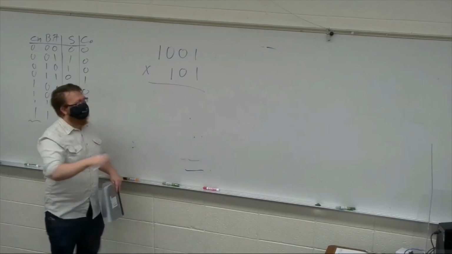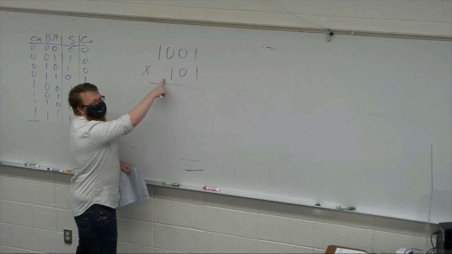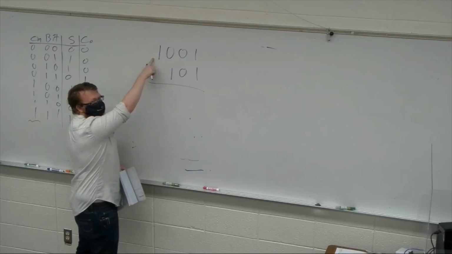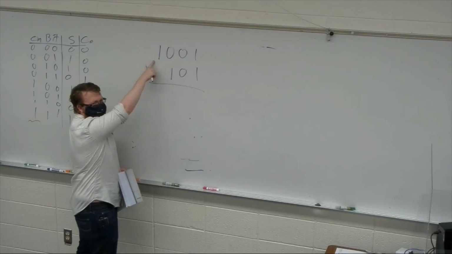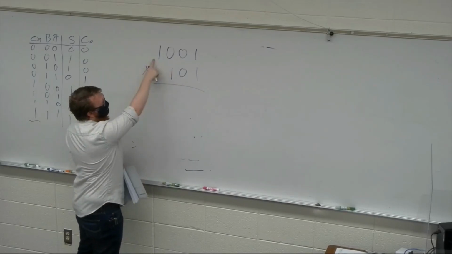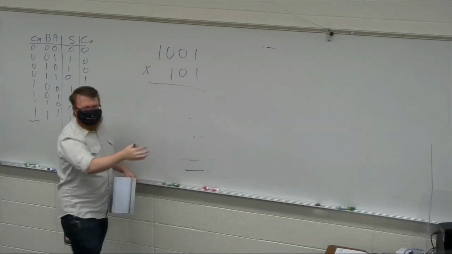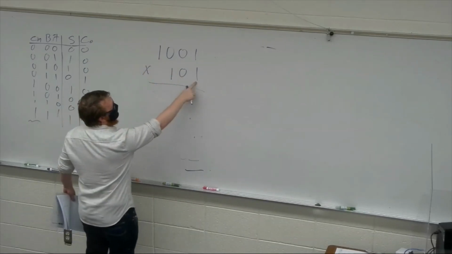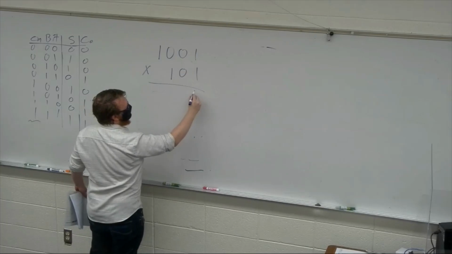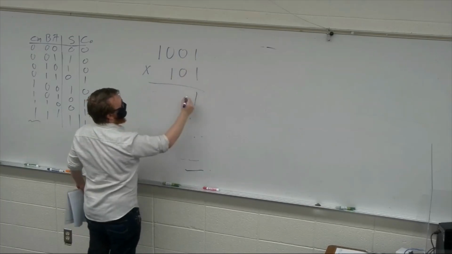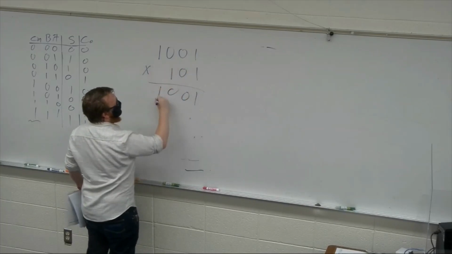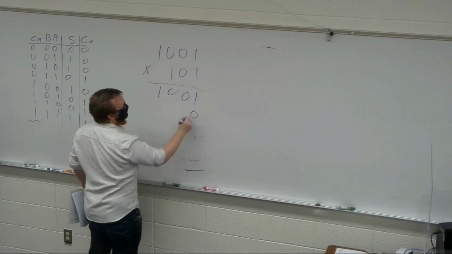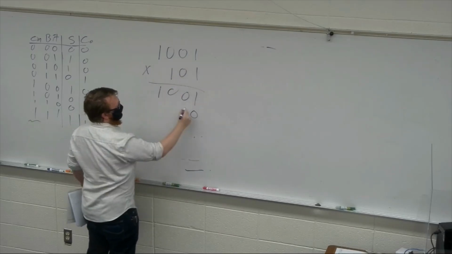So much like our decimal multiplication, well, identical to it, what we can do is just consider each individual component of the multiplier, that's this guy, and multiply it by the multiplicand, I think that's what they call it, and then just start adding them together. So I do 1 times 1 is 1. 1 times 0 is 0, 0, 1. Then I step over 1. 0 times anything is zeros.